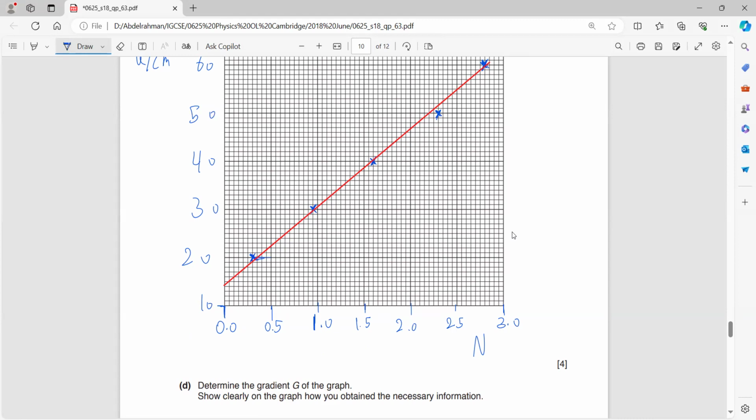You have to draw on the graph a triangle joining two very distant points. And then you can use y2 minus y1 over x2 minus x1. For example, 60 minus 20 over 2.8 minus 0.31.